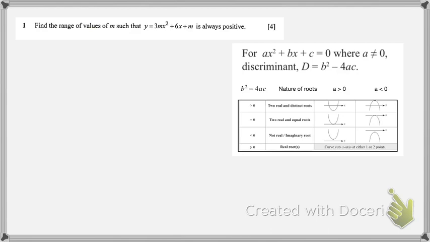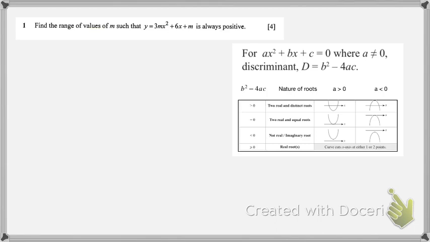So, for ax squared plus bx plus c equals 0, the discriminant D is equal to b squared minus 4ac. And students are actually tested on the understanding of what the discriminant means.